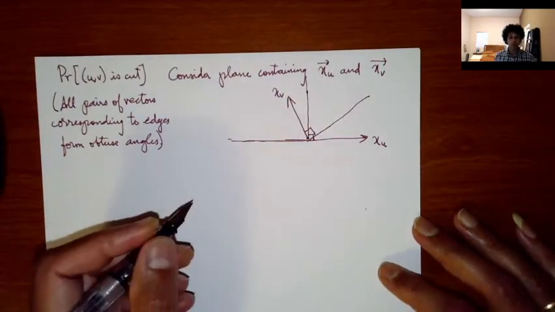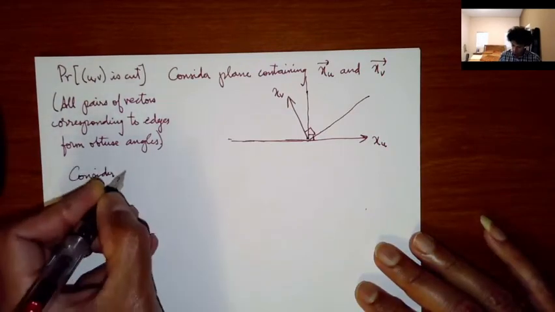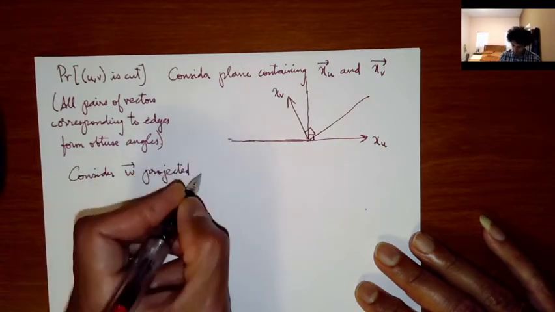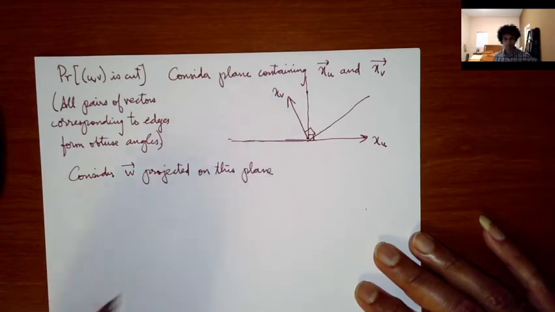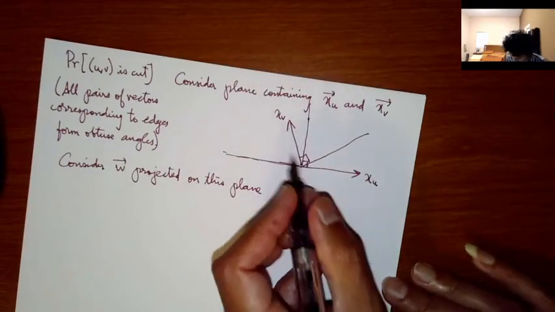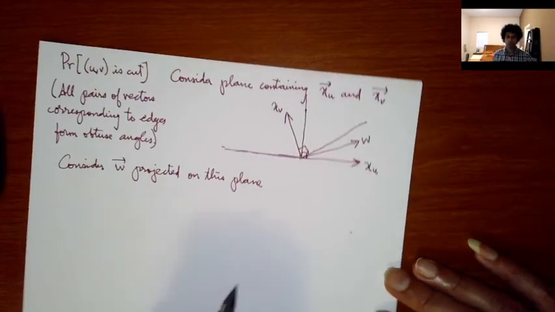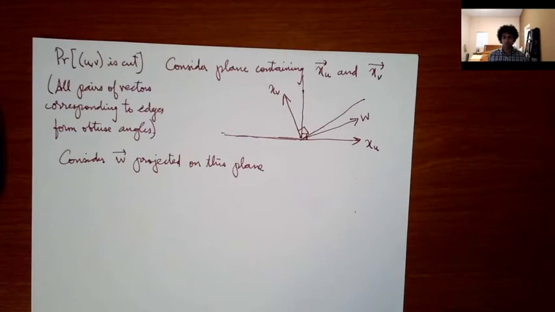Okay, now let me look at W. Consider W projected on this plane. Suppose W lies here. Question: is the edge UV going to be cut or not?